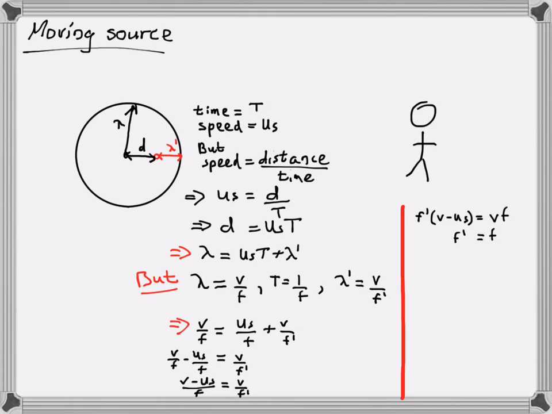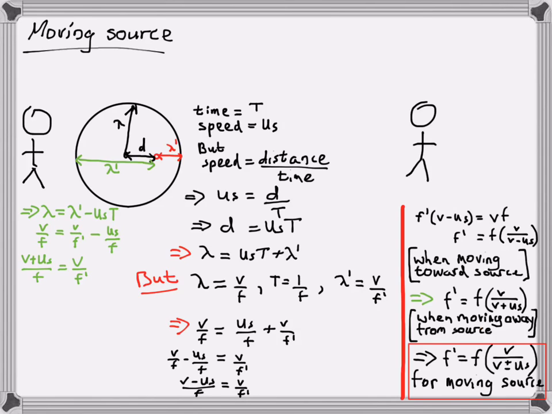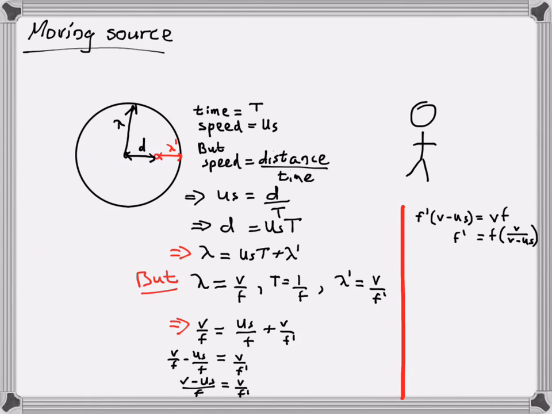Therefore f prime equals f times v over v minus us. Sorry, skipping ahead of myself a little bit. So I get f prime is equal to f times v over v minus us.